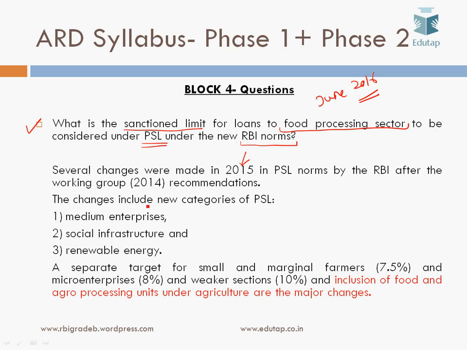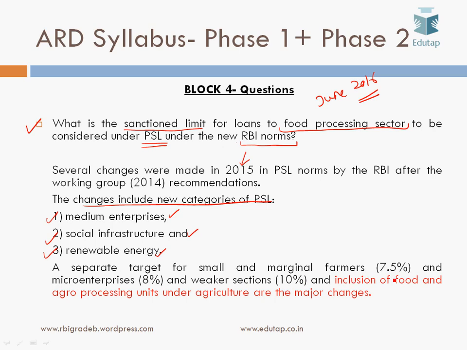So what changes were made? These three additional categories were included in the PSL categories: medium enterprises, social infra, and renewable energy. Secondly, a separate target for small and marginal farmers, 7.5%, micro enterprises 8%, and weaker sections 10%.